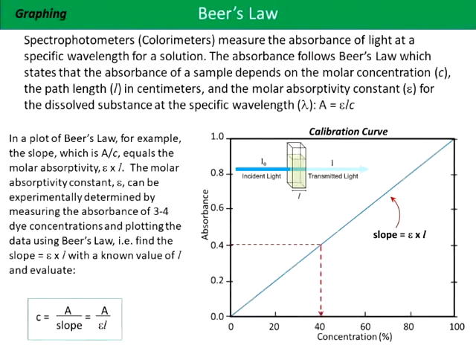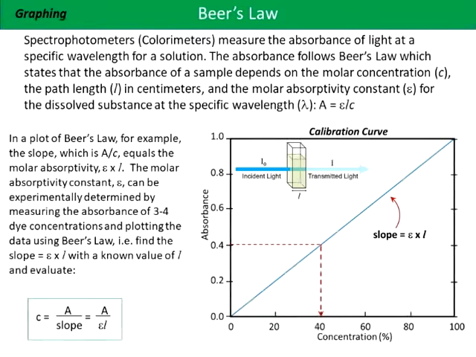Measurements involving Beer's Law are taken using a spectrophotometer or colorimeter. A spectrophotometer or colorimeter measures the absorbance of light at a specific wavelength for a solution. The absorbance follows Beer's Law principles, which states that the absorbance of a sample depends on the molar concentration, the path length, and epsilon, the molar absorptivity constant for this solution.